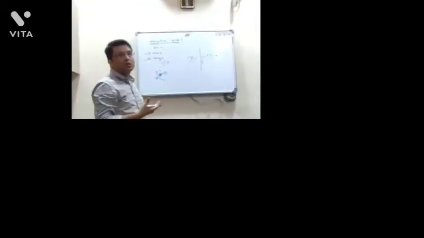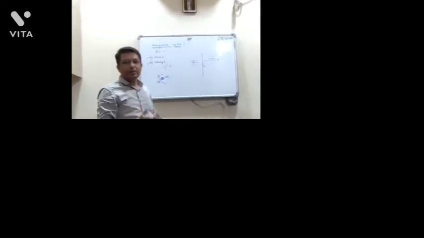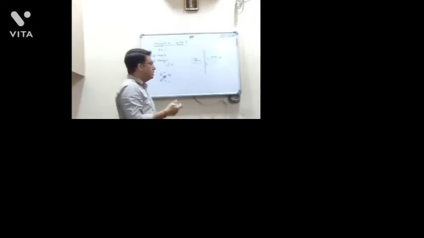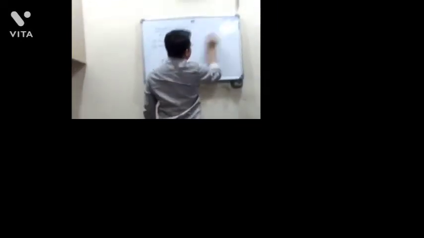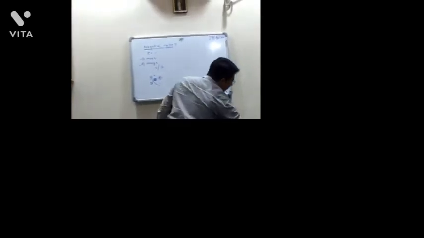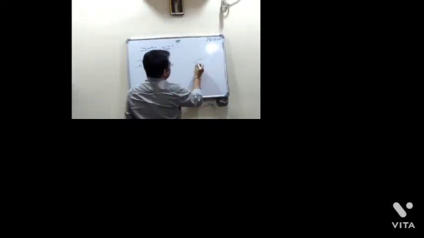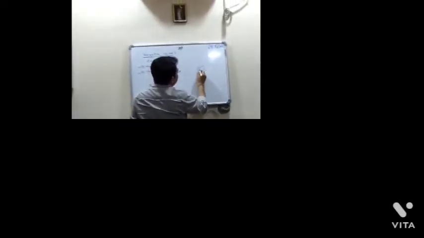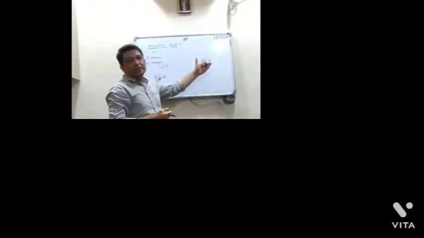Now, in order to understand this concept, see, what does this zero mean? No value. Zero means nothing, right? So let us say we are having a dish and we are having 2 apples in the dish, right? Then we can say that there are 2 apples in the dish.